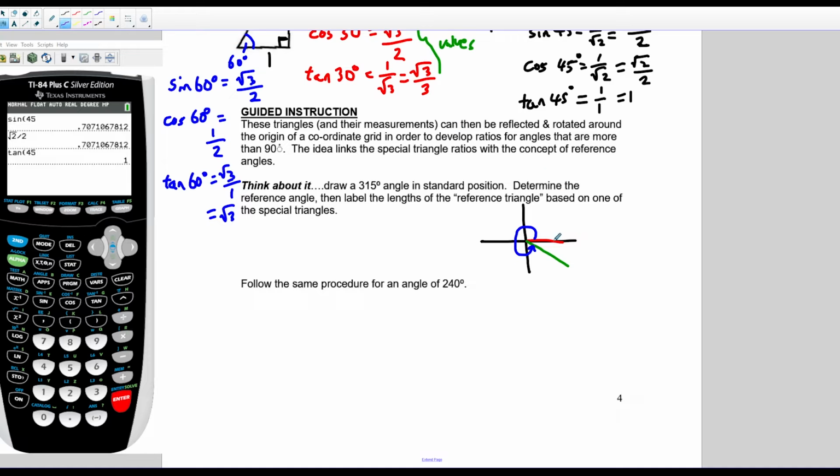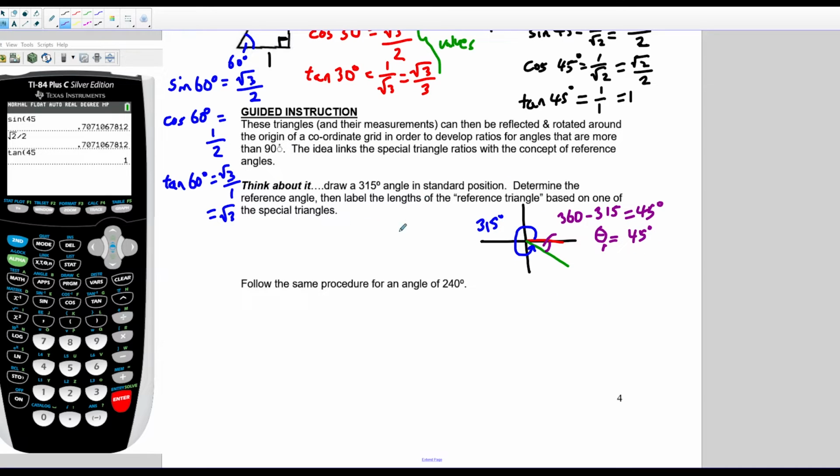And we can see now that we have our reference angle, which is going to be right there. So maybe I'll label some of these first. 315 degrees, that is my angle in standard position. And we can see here that this reference angle is simply going to be 360 minus 315, which gives us 45 degrees. So our reference angle is equal to 45 degrees.